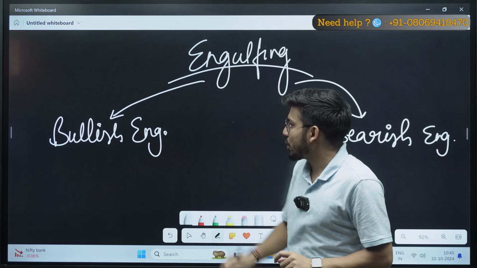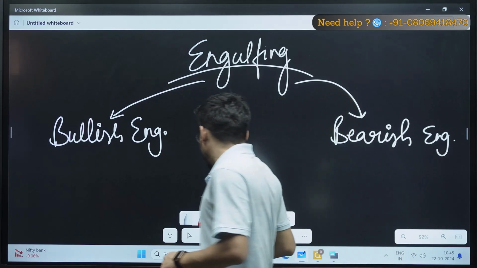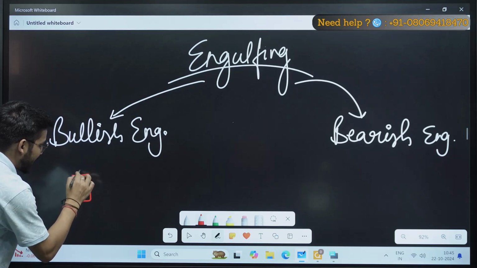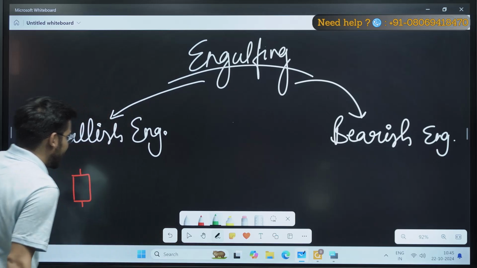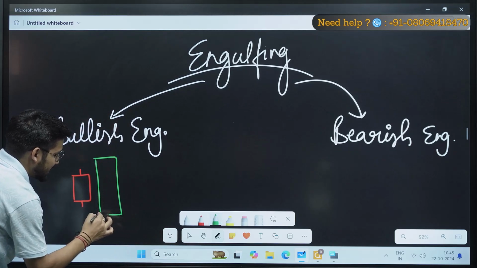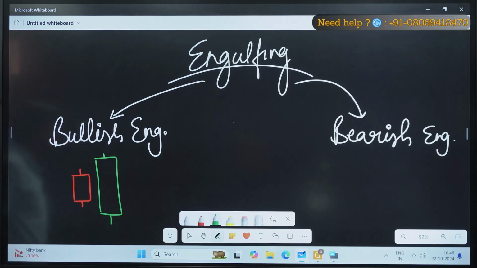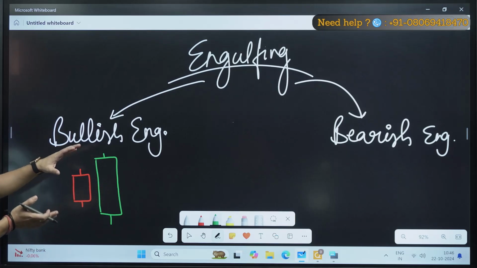First of all, how does a bullish engulfing candle look? Just suppose there is a red candle, something like this. After this red candle, there is a green candle, and this green candle is completely engulfing it, or you can say completely capturing it.